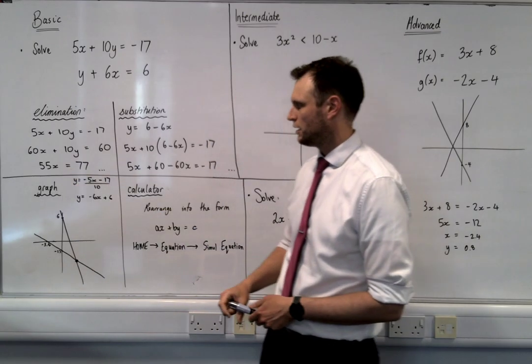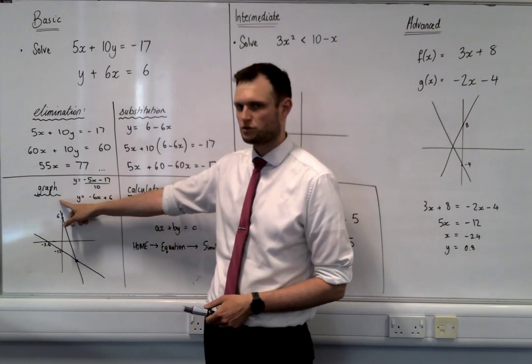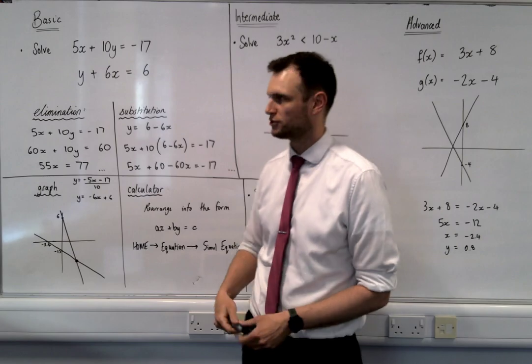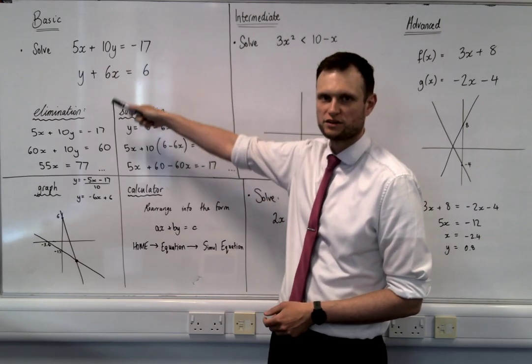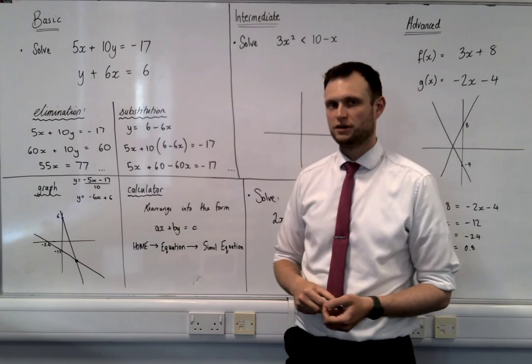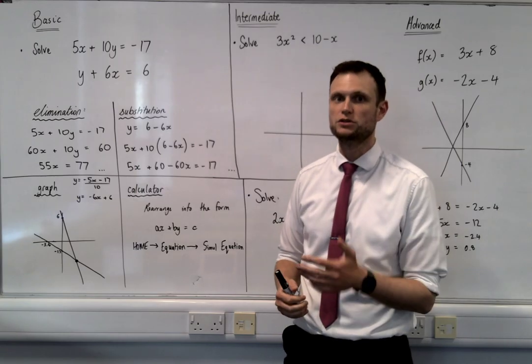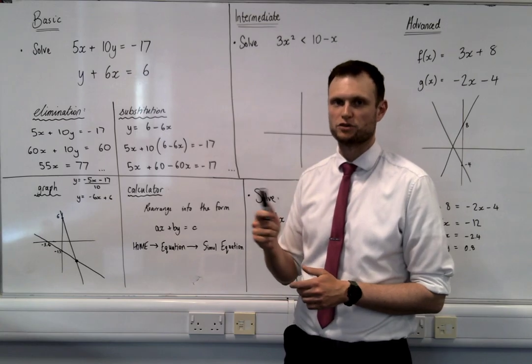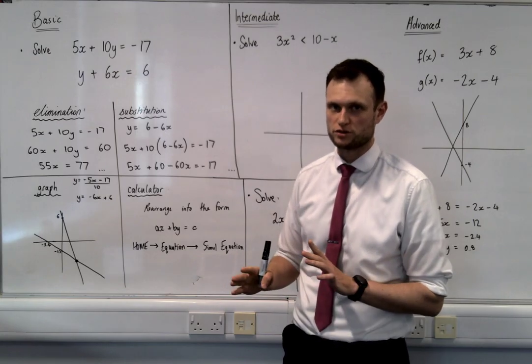But mainly the reason you would use a graph is to show that there are solutions. So it's not always going to be two linear expressions or two linear functions. We're going to have a linear and a quadratic, which could cross twice. They could cross at one point, so that's a repeated root, or they could not cross at all.